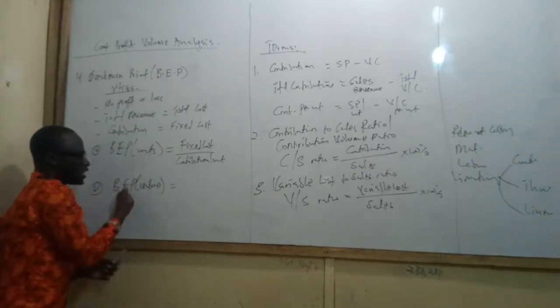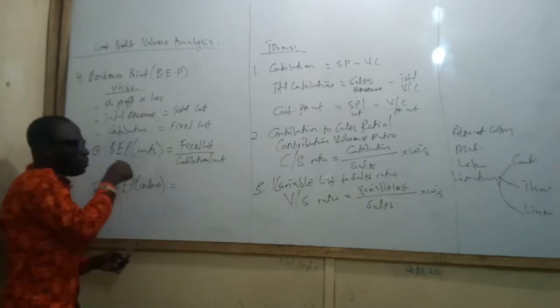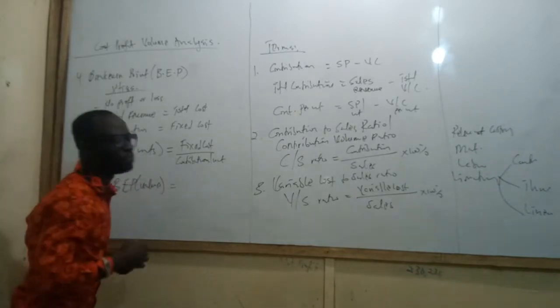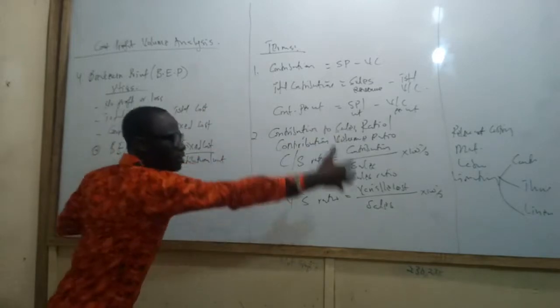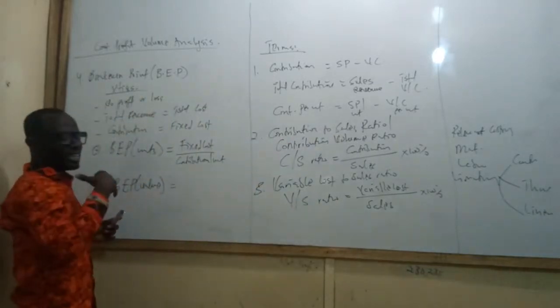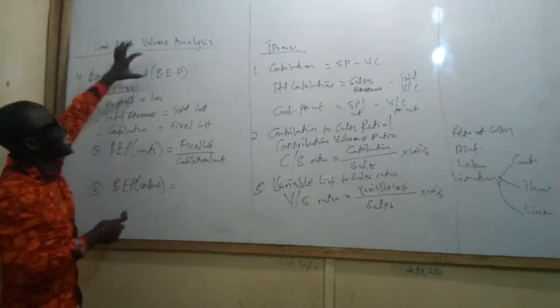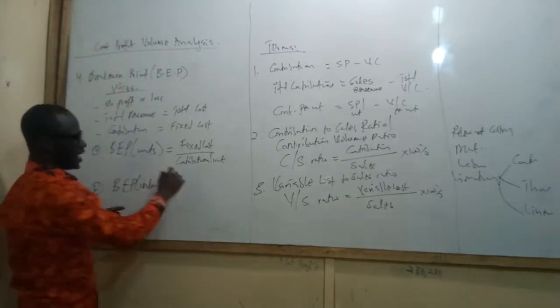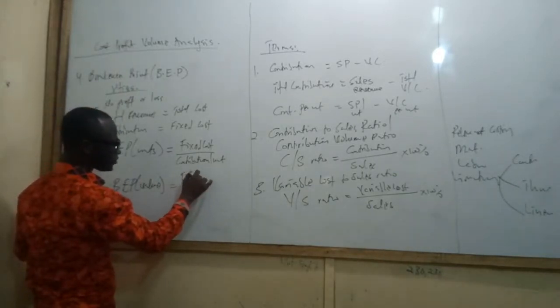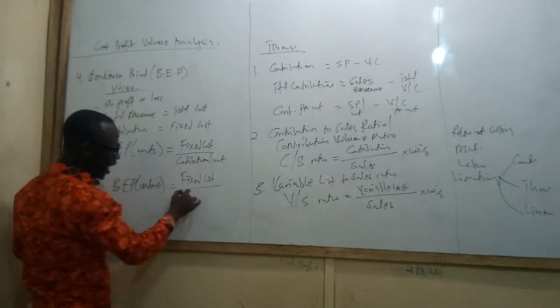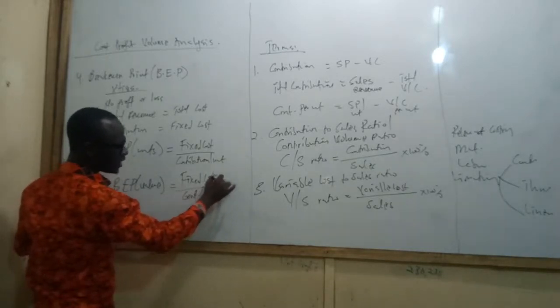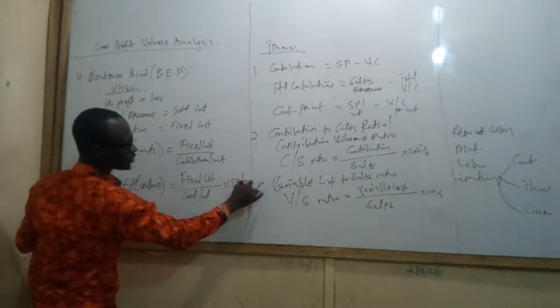Then we need to get the break-even point in value. The break-even point in value is simply the revenue we will be getting or the sales we will be getting at the break-even point. Hence, it is the fixed cost divided by contribution per unit times the selling price per unit.